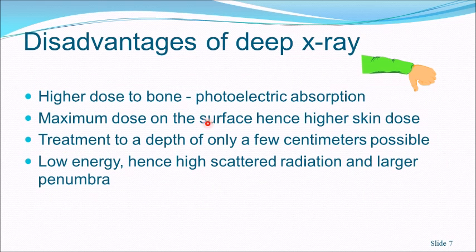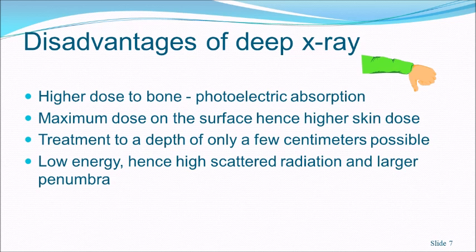There are a few disadvantages of the deep X-ray therapy too. One of the interesting things is higher dose to the bone. Deep X-ray therapy uses about 300 kV X-rays. At this energy, you have more of photoelectric interaction than Compton interaction. The photoelectric interaction, as you know, depends on the atomic number to the power 3.